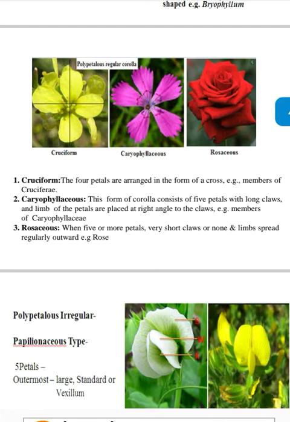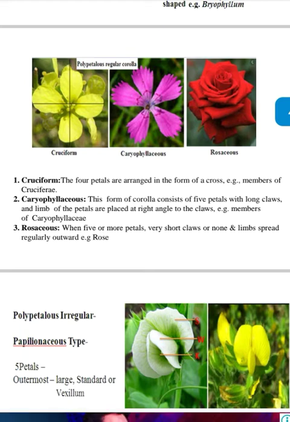Claw is nothing but a very small stalk of the petal, and limb is the expanded part of the petal. So here the long claws are there, and the limbs are at right angle to the claws, and this is again a characteristic feature of the family Caryophyllaceae.